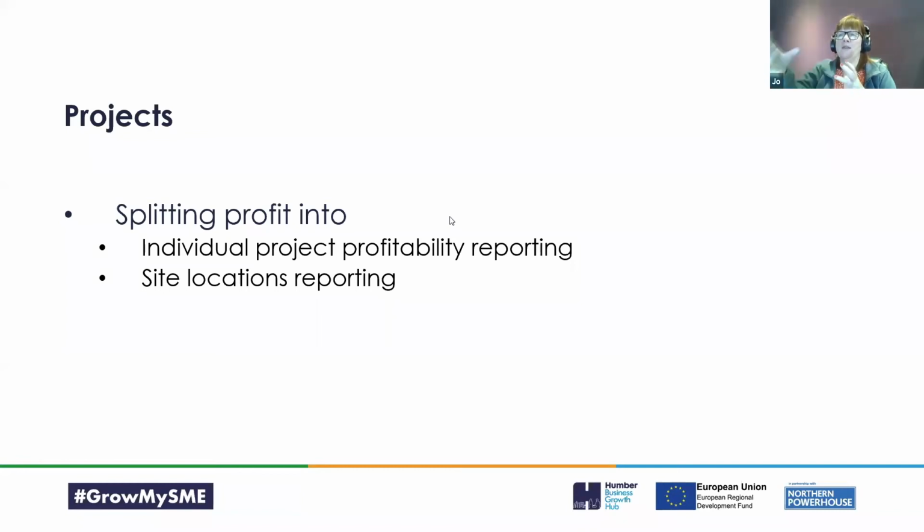So within the projects functionality, and Xero and QuickBooks certainly have this functionality within them, you can then look at the profit that you've made by an individual piece of work, which could be really important for you to understand where you make money and where you don't, and which particular projects you made money on in any particular year, so that you can learn from that and ensure that you make money on all the work that you do going forward.